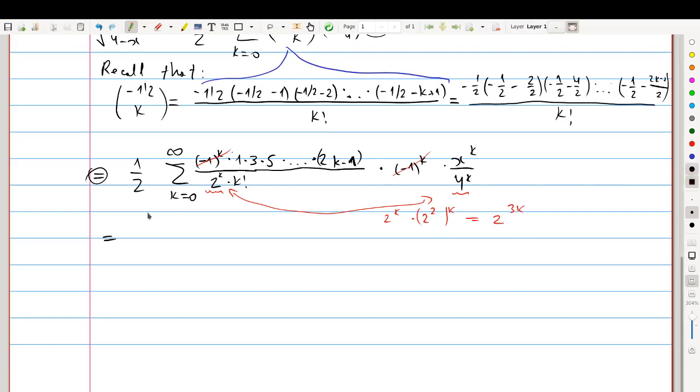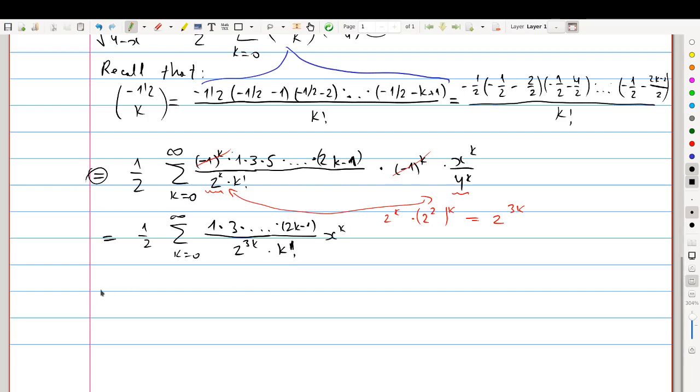And so the series here becomes the sum, and I have a product of odd integers from 1 to 2k minus 1, divided by 2 to the 3k times k factorial, and then everything multiplied by x to the k.